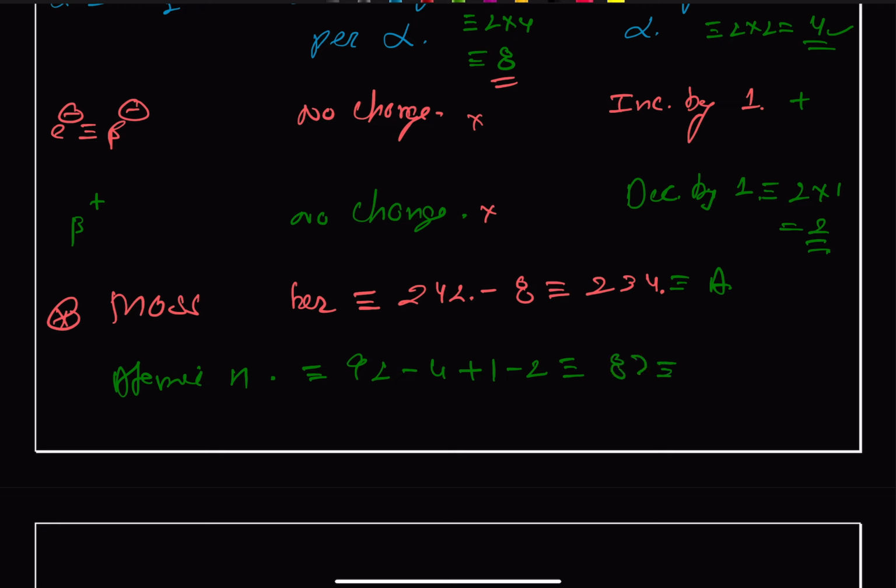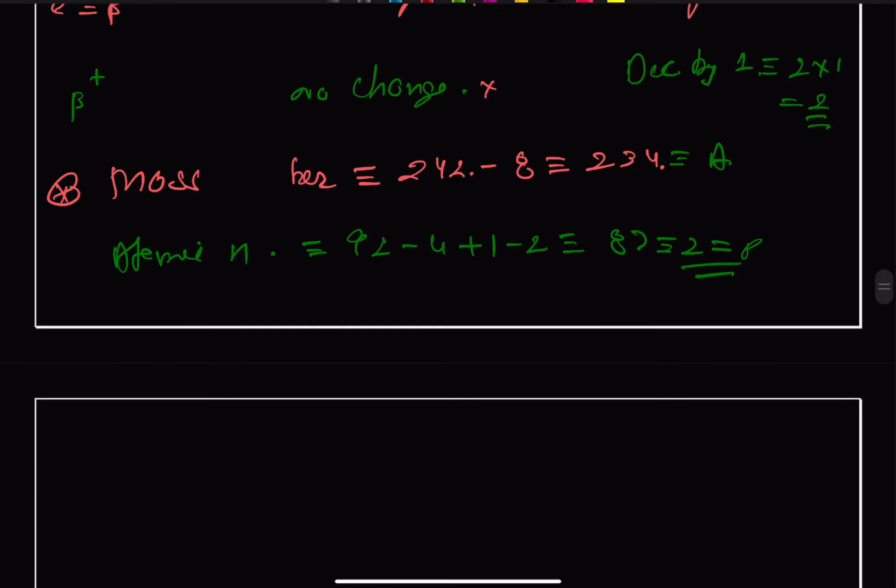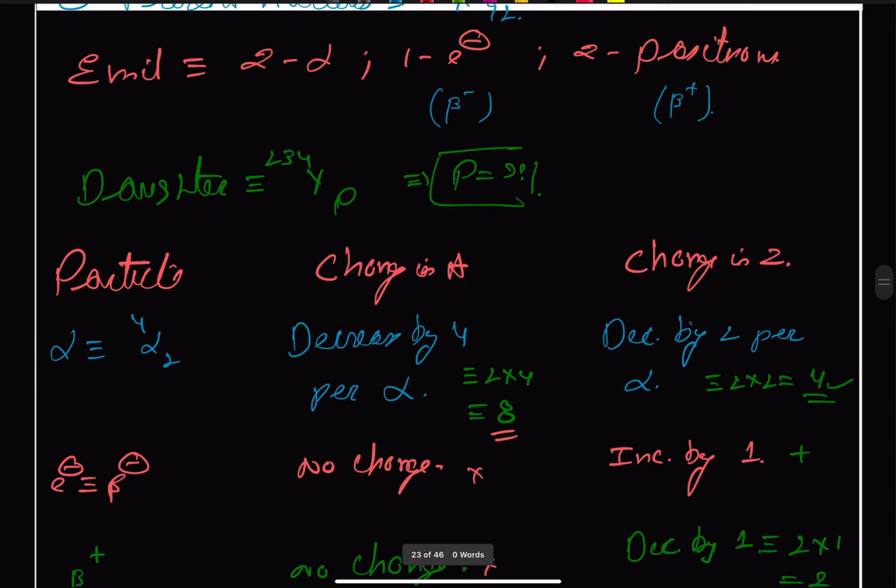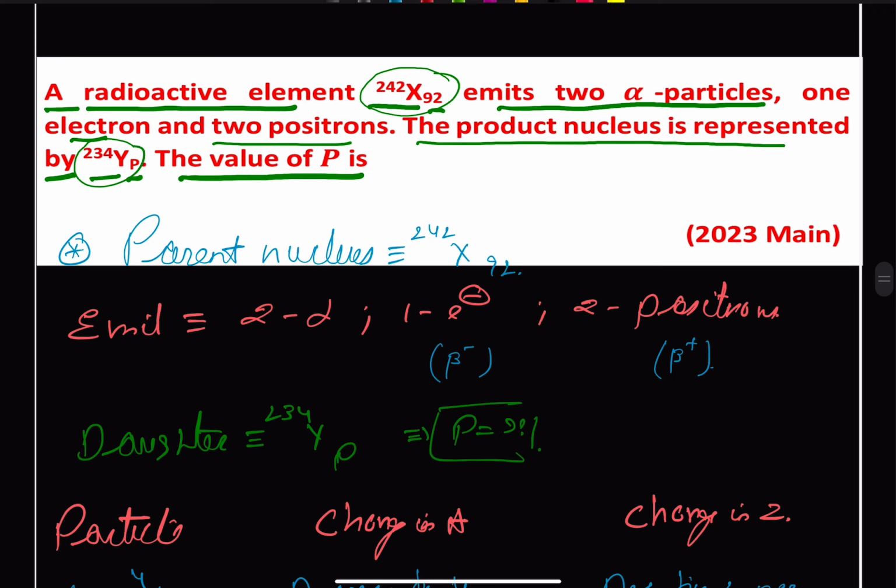This is our Z, or we can say this is our P. Therefore the value of P is 87.